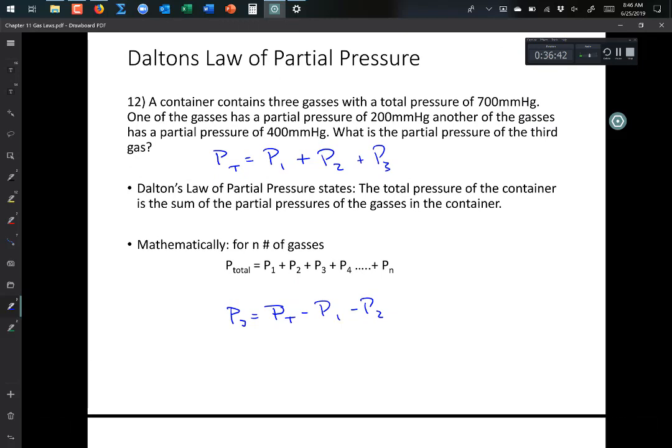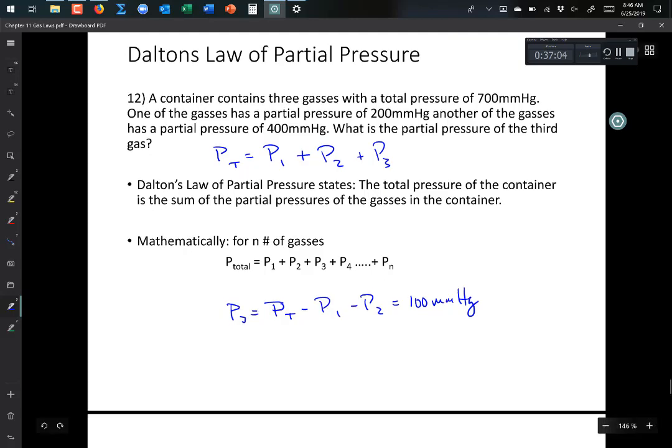That's all he would have done. Just subtract them all. I'm just showing you what Dalton would have done. And so that becomes 100 millimeters of mercury. I know it's disappointing. Couldn't it be harder?